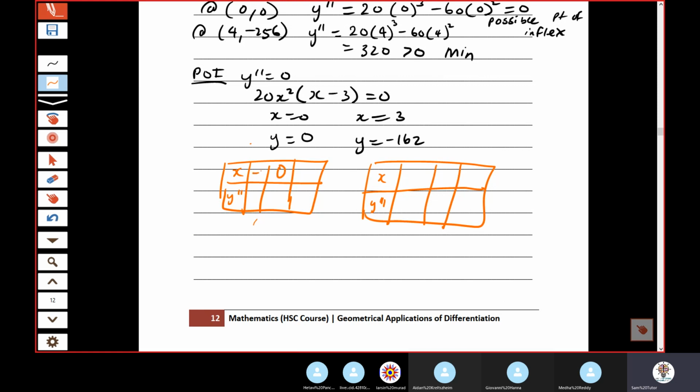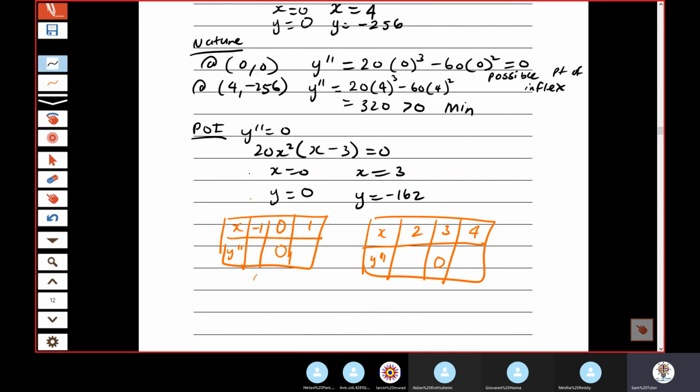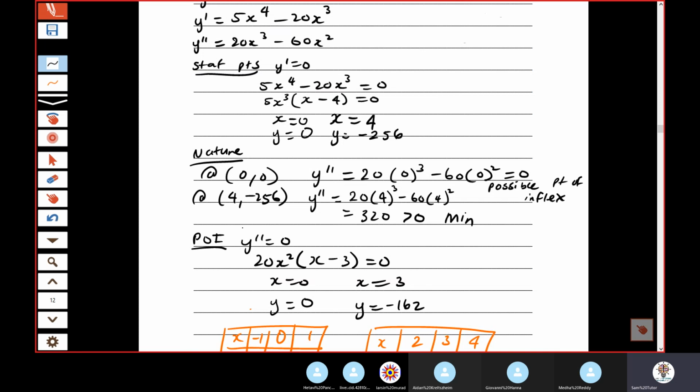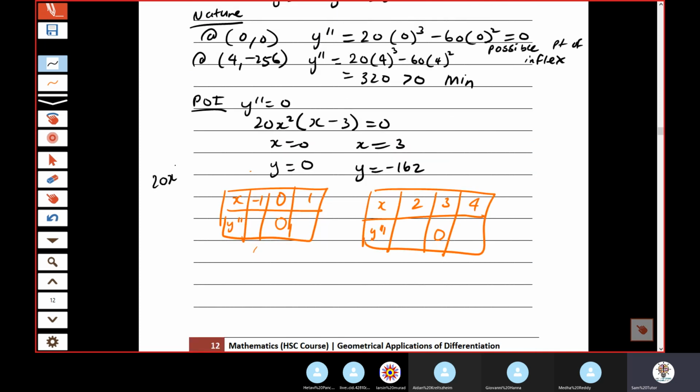So that's 0. We choose 1 before, 1 after. We know that's 0. That's 3. Choose 1 before, choose 1 after. And that's 0. Go and sub it in. And let's see what happens. Into y double dash. Right? Y double dash was 20x cubed minus 60x squared.